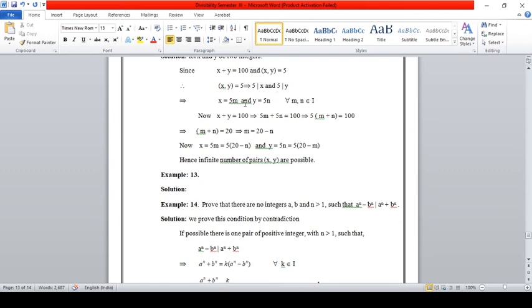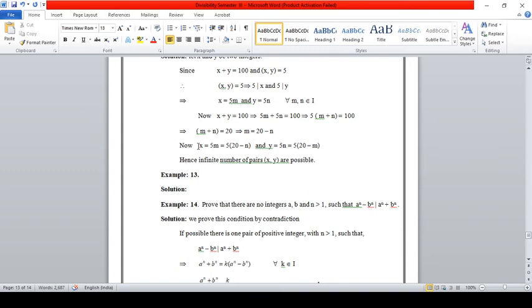So x is equal to 5m and y is equal to 5n, where m and n are integers. Substitute these values: 5 is common, so 5 times m plus n is equal to 100. 5 is a divisor of 100, giving 20. So we get m plus n is equal to 20. This implies m is equal to 20 minus n.